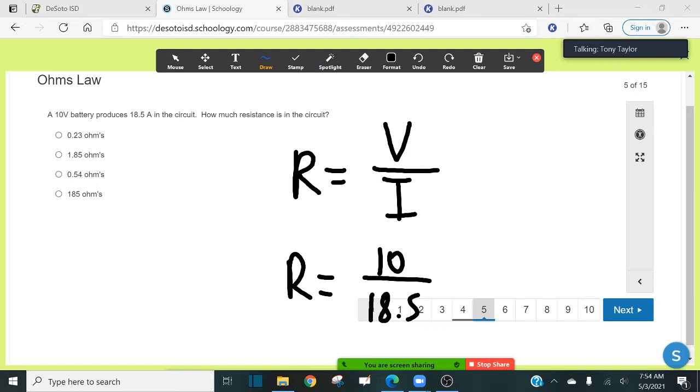So 10 volts divided by 18.5 amps. Okay, so guys, when I put that in my calculator, 10 divided by 18.5, I got a value of 0.54 ohms for my resistance. Okay. Make sense, guys? All right, let's keep going.